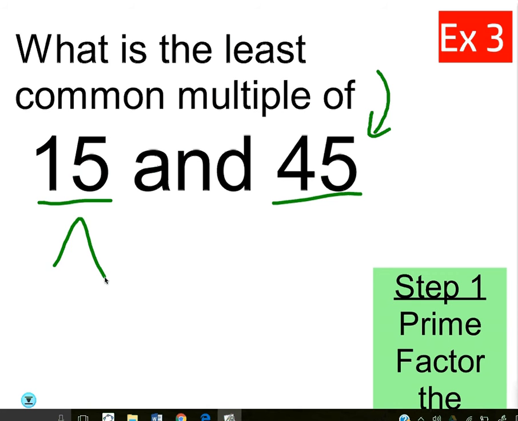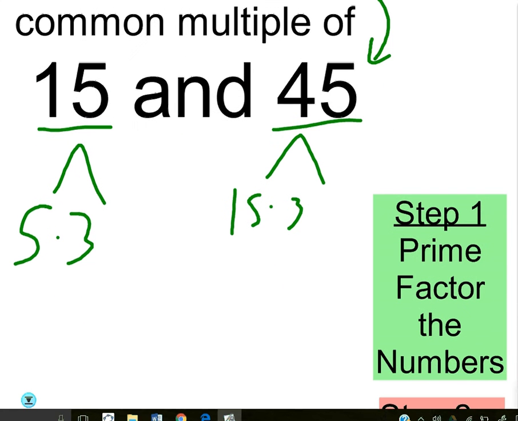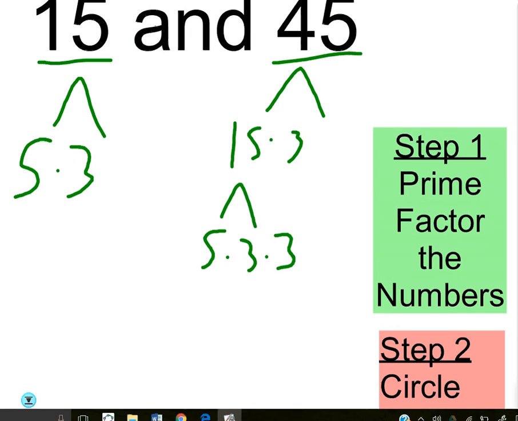But anyways, if we do want to work it out, this would be 5 times 3. That would be 15 times 3, which turns into 5 times 3 times 3. So we could write this as 5 times 3 squared, and this would be 5 to the first times 3 to the first. So which factors would we circle?